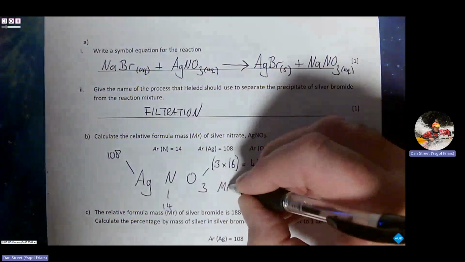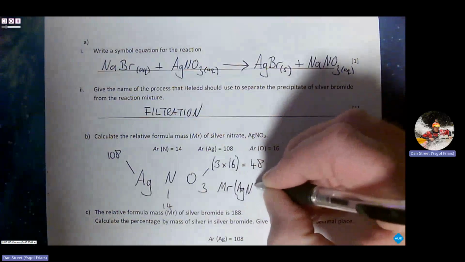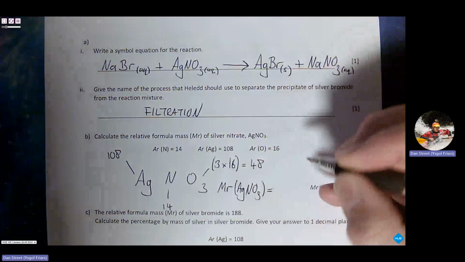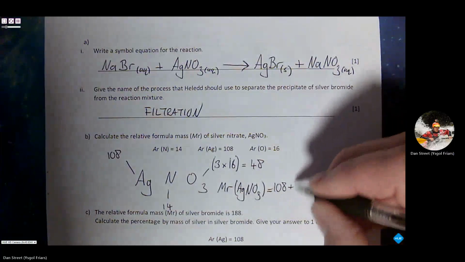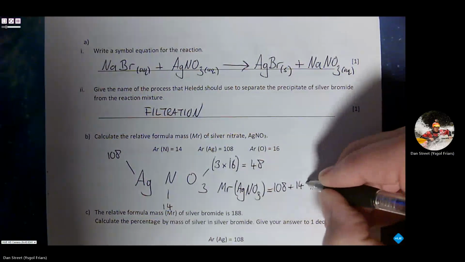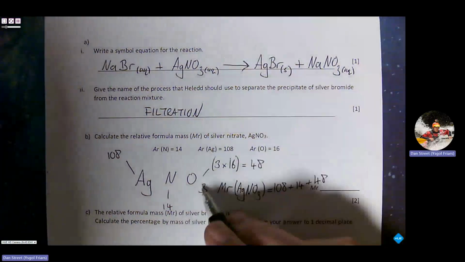So the Mr of AgNO3 equals 108 plus 14 plus 48. Okay, these 3 values here.